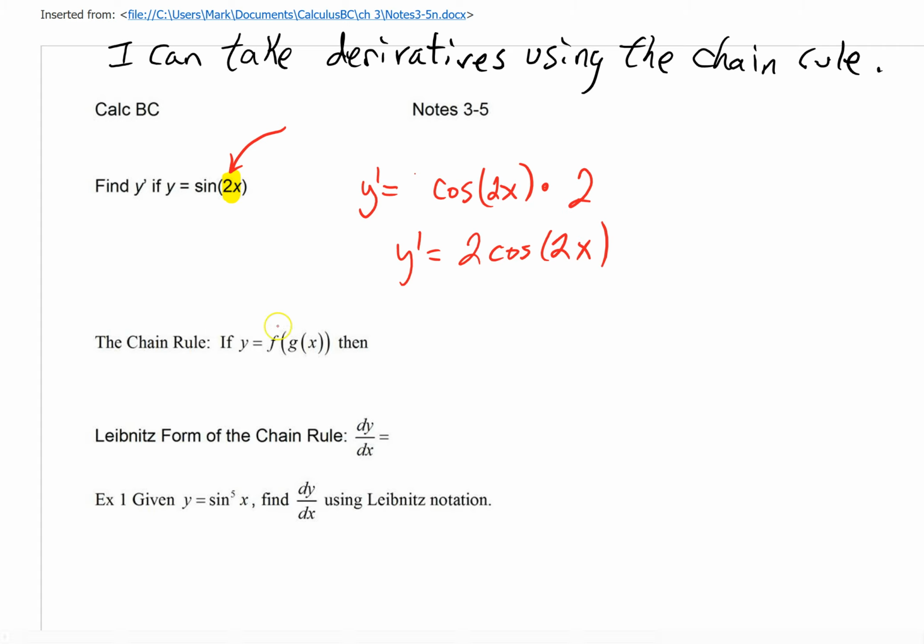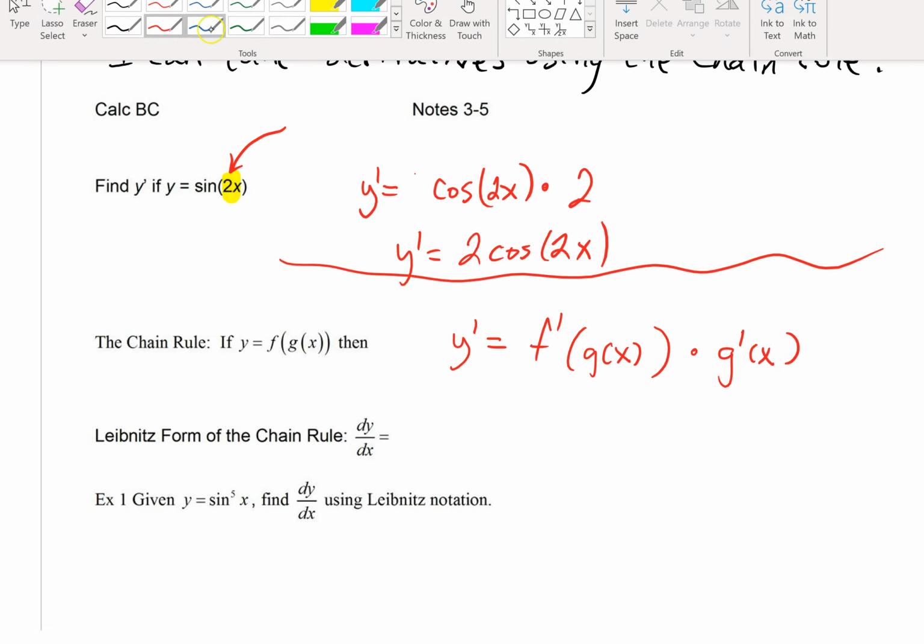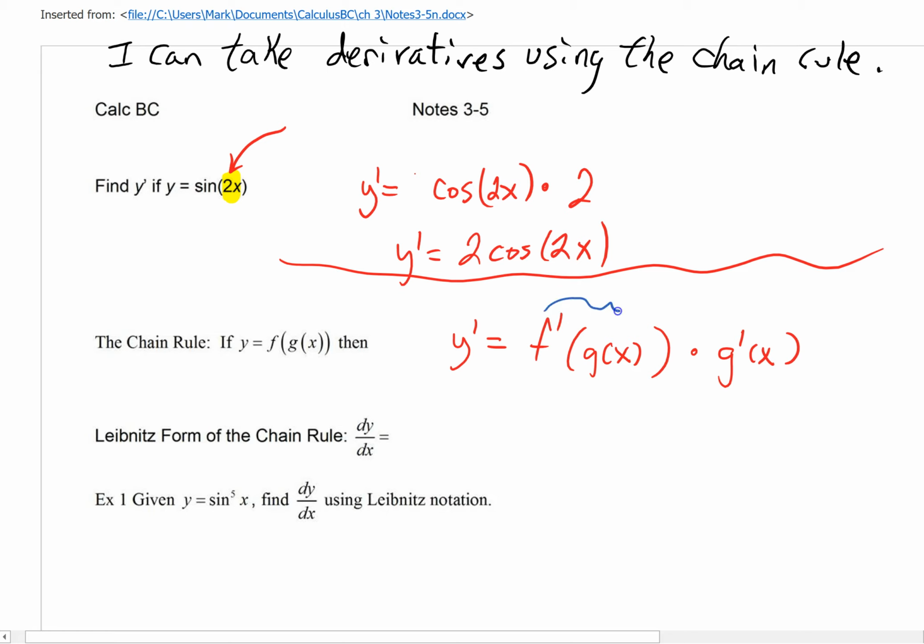The chain rule: if y equals f of g of x, well, y prime, and I hope you've heard this notation before, it's f prime of g of x times g prime of x. And super, super, super important: what you'll hear most teachers say is it's the derivative of the outside function.